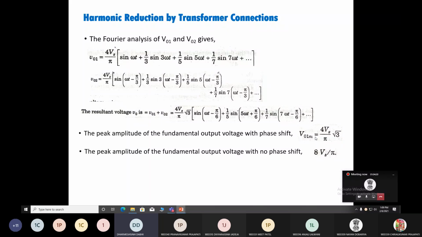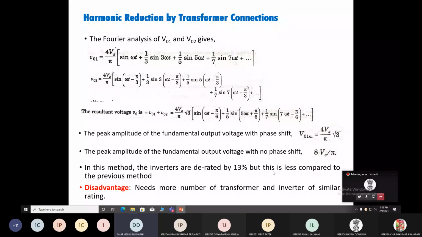Clear? So if you compare the peak of this phase shifted resultant output voltage with the output voltage without phase shift, you can check that in this case your inverter is derated by 13%. It means the magnitude of this resultant output voltage V0 is 87% of the unshifted output voltage, that is, 13% less than 8 Vs by pi.